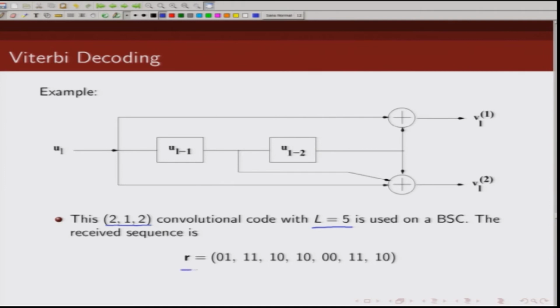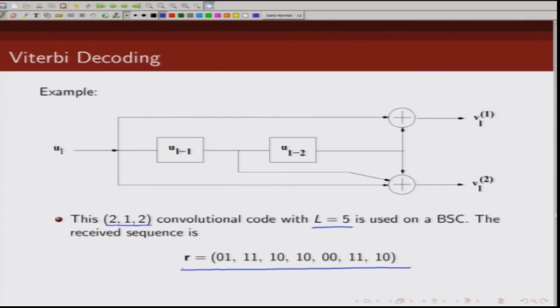This is the receive sequence corresponding to those 14 bits that we transmitted, over the binary symmetric channel. The question we have to answer is: given this receive sequence, what is the transmitted code word, or the transmitted information sequence?